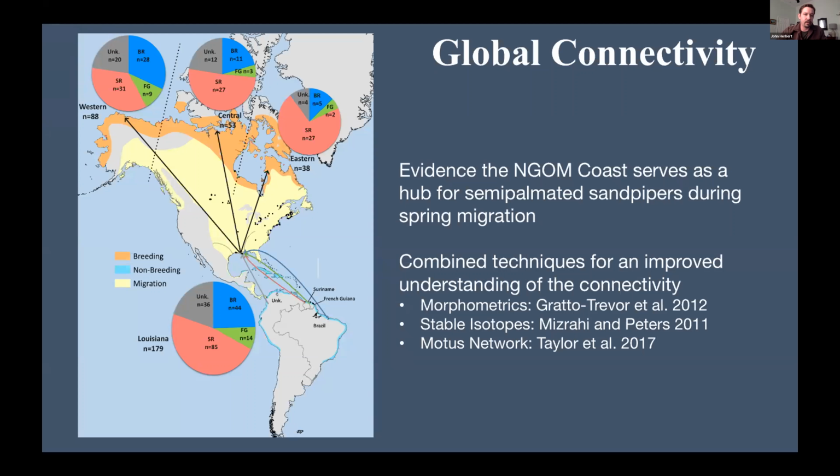But we also found more birds from northern South America and Brazil are more prevalent to breed in the western breeding population. Again, this Gulf Coast is potentially supporting the entire global population of semipalmated sandpipers, which is not really known yet, and more attention, I think, should be placed on the Gulf Coast for this species.